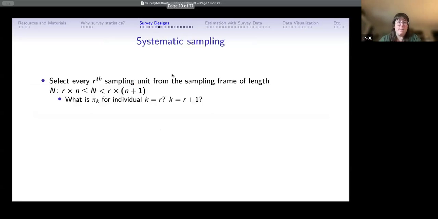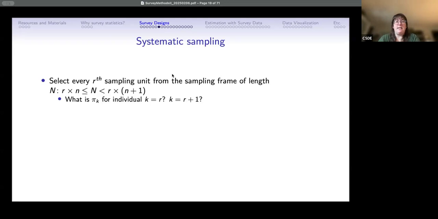Systematic sampling is something that is very common in practice, but is not really ideal, I would say, from a mathematical perspective. Systematic sampling is a form of sampling where you would select every rth sampling unit from the sampling frame, or list of items or subjects in your population.